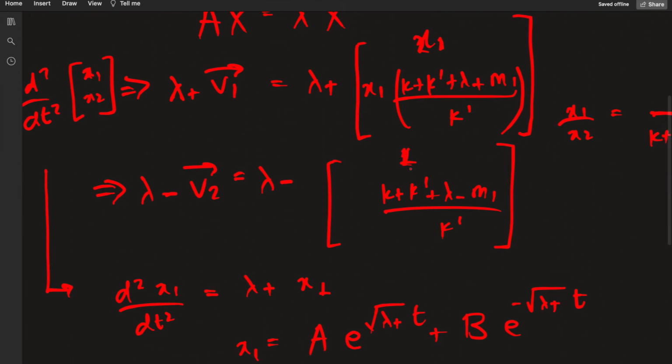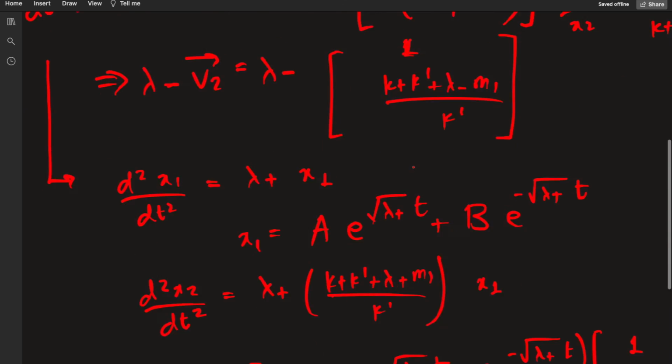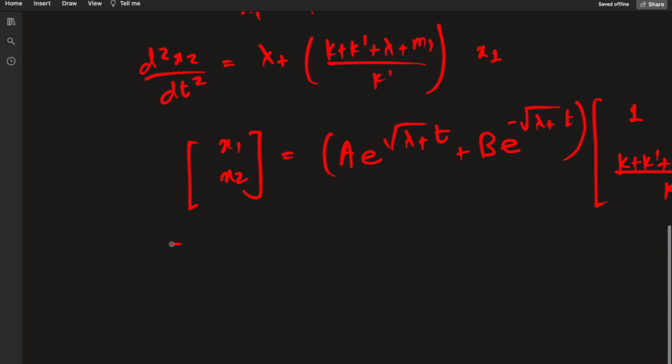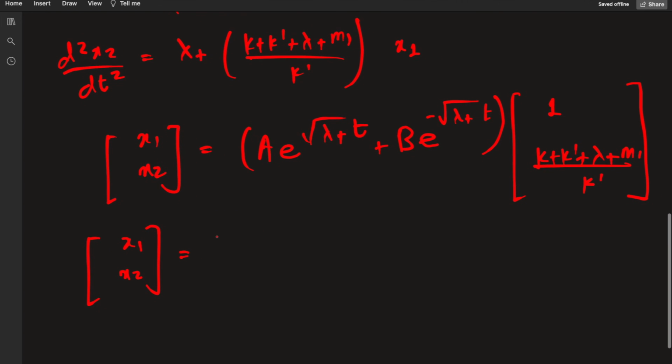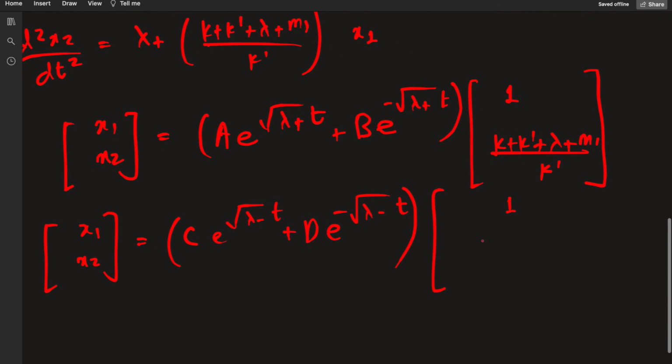For the second eigenvalue, if we use a similar approach, we get some new constants this time, c times e to the negative lambda minus t plus d times e to the negative square root lambda minus t, 1, k plus k prime plus lambda minus m1 over k prime.